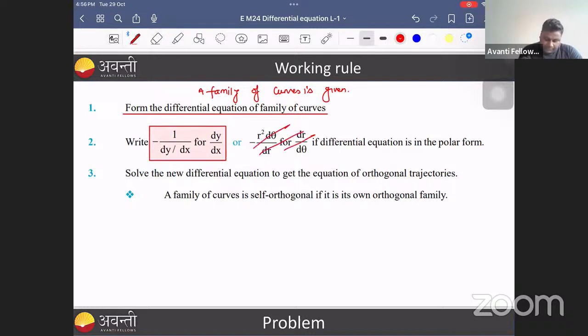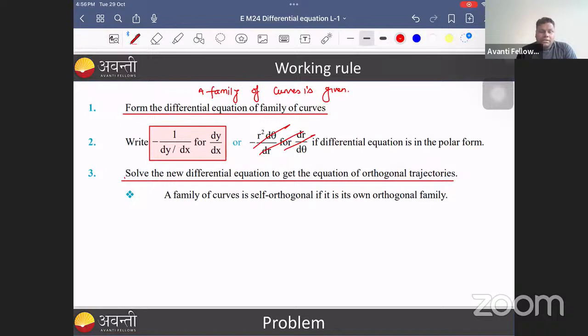So for dy by dx, replace it by minus 1 upon dy by dx, or minus of dx upon dy. Now solve the new differential equation, and the family of curves you are getting is what we call the orthogonal trajectory for the given family.